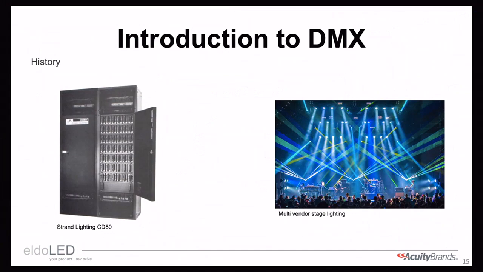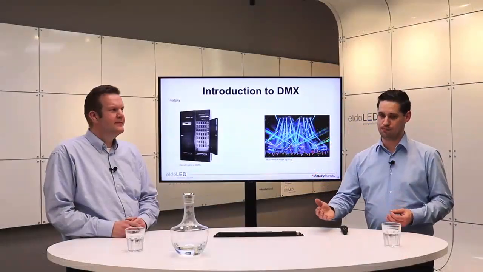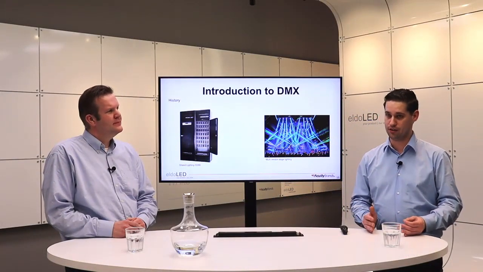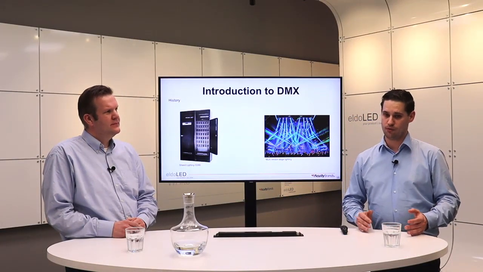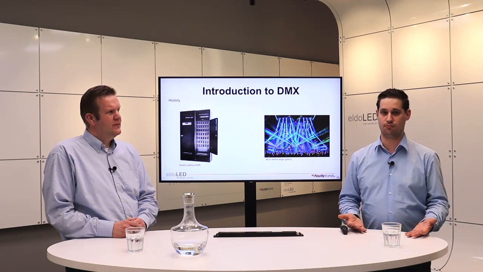So the USITT organized in 1986 an event where all the big players in the market were joining forces together to try to come up with an industry standard, which was basically allowing them to link those proprietary control systems together so you could build a network with multiple different brands all operating from the same control desk.